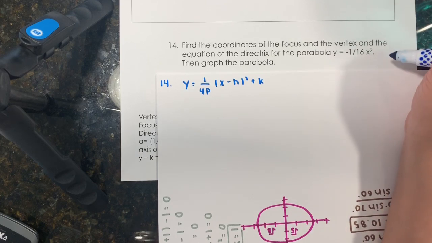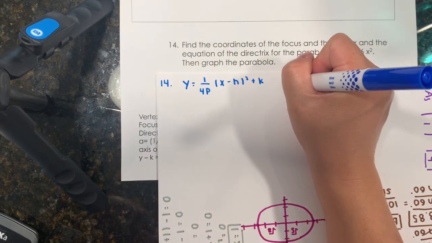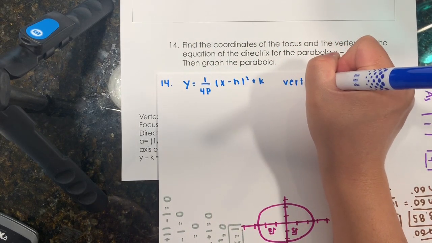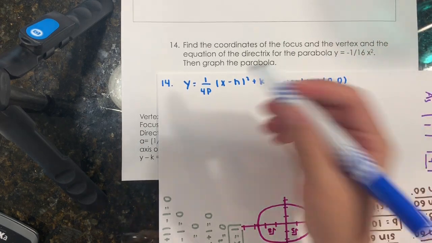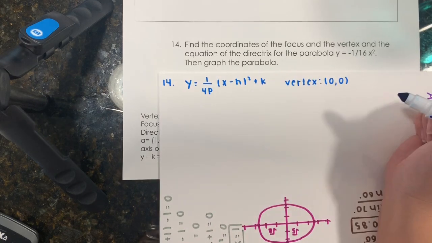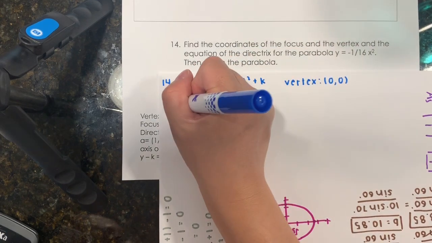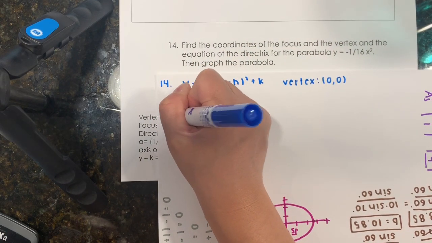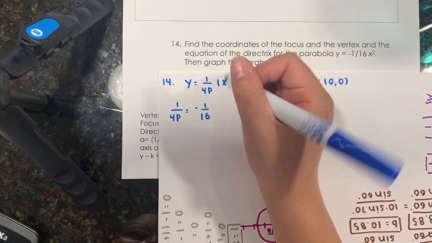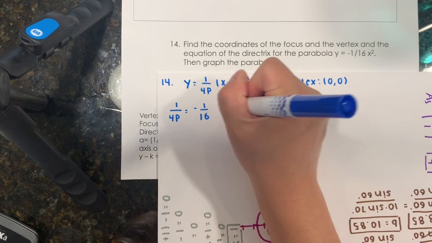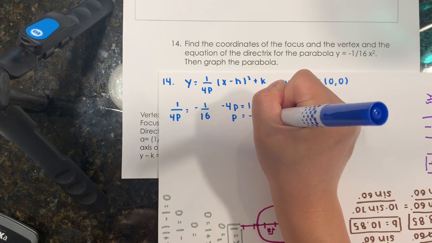Notice that in the equation they give us, there's no h or k, which means my vertex is going to be at 0, 0. Now, the p is going to be equal to the distance from the vertex to the focus. So if I set 1 over 4p equal to negative 1 over 16, that means I have 4p equals negative 16, which means p is equal to negative 4.